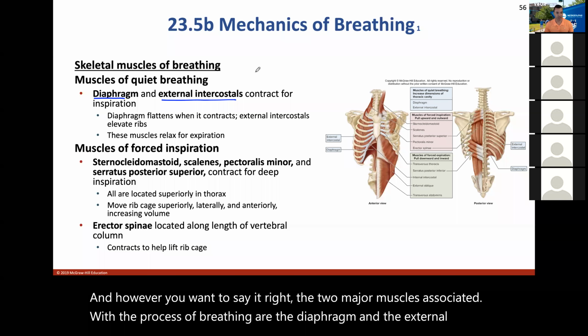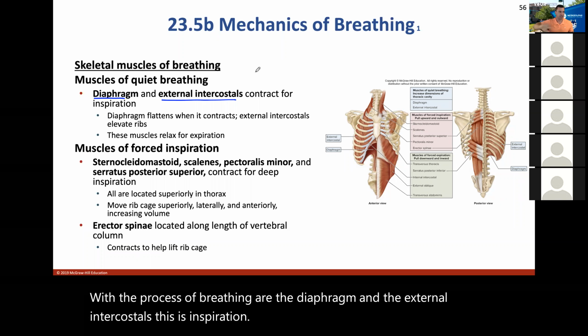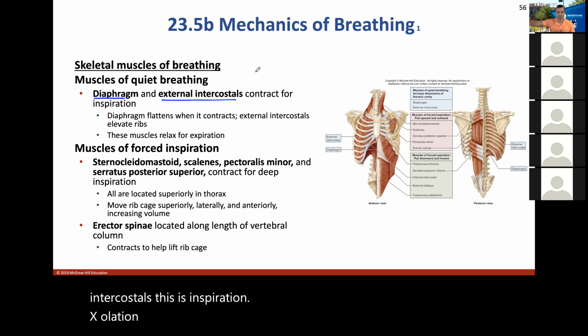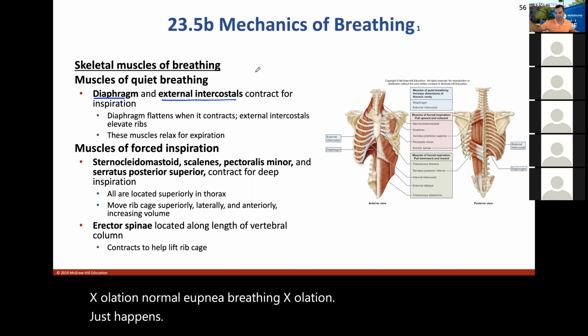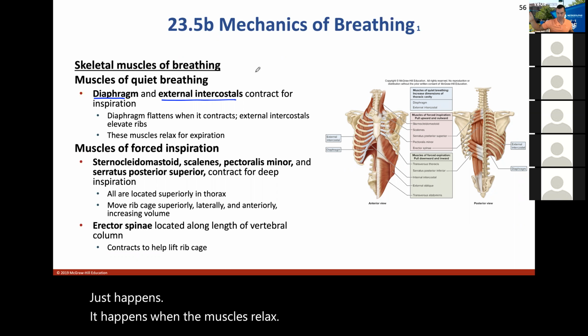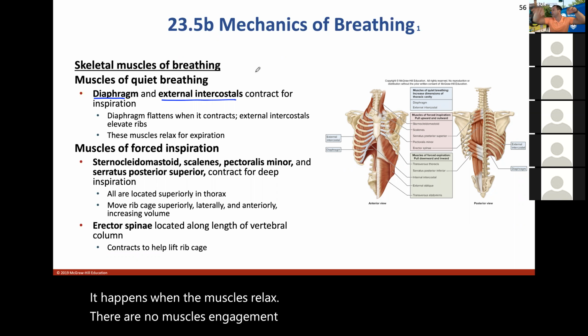This is inspiration. Exhalation is passive. Exhalation, normal eupnea, breathing. Exhalation just happens. It happens when the muscles relax. There are no muscles engaged with expiration under normal circumstances.